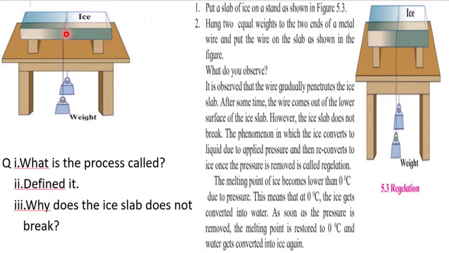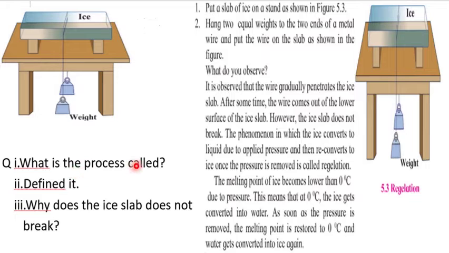When the metal wire starts penetrating into the ice slab, what happens? As soon as the pressure is removed, the melting point is restored to 0 degree Celsius and water is again converted into ice. Due to this, the ice slab does not break.